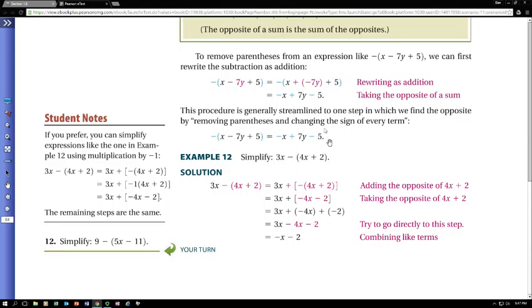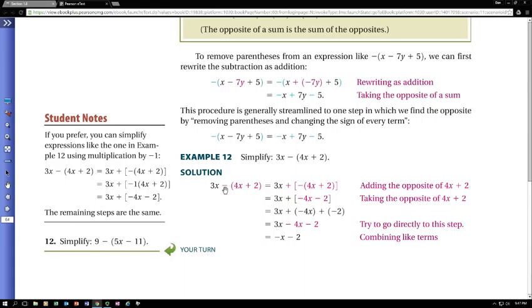So they go through this process of saying, well, how do I deal with this type of thing that happens? And it comes in the form of subtraction too. So when I change this subtraction, 3x minus the sum of 4x plus 2, I can rewrite this: changing from subtraction means take the opposite of and change it to an addition.